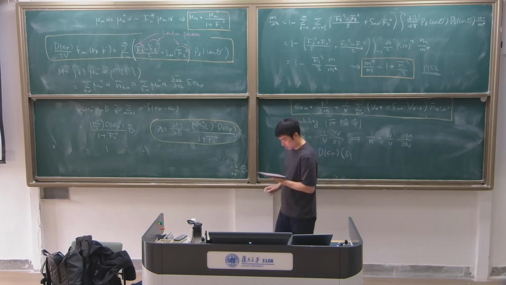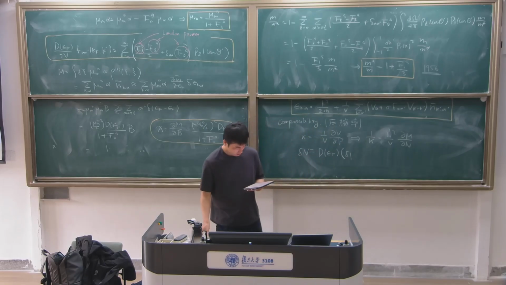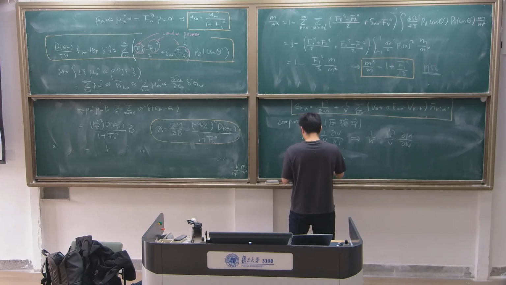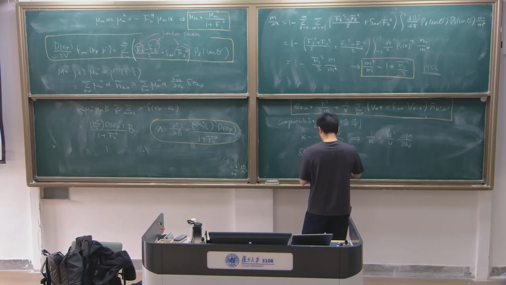So just because it's small, this is equal to sum over k of del n bar k.